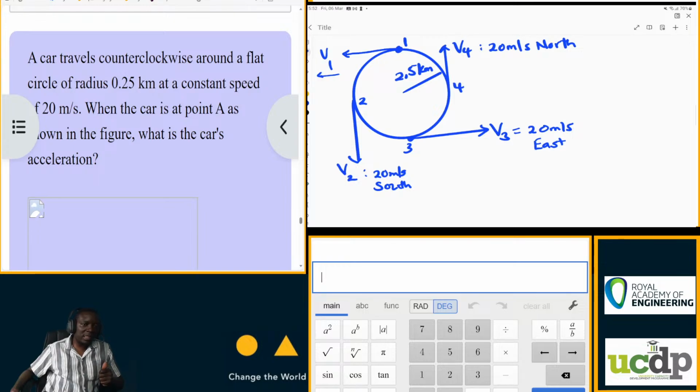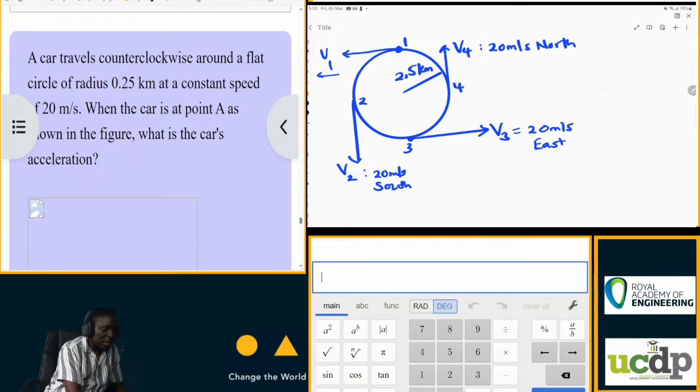In as much as it's keeping the same magnitude of the velocity or the same speed, this body has an acceleration. So it is 20 meters per second throughout, but it has an acceleration by virtue of changing direction. This body has an acceleration, and that acceleration is always towards the direction of the change.